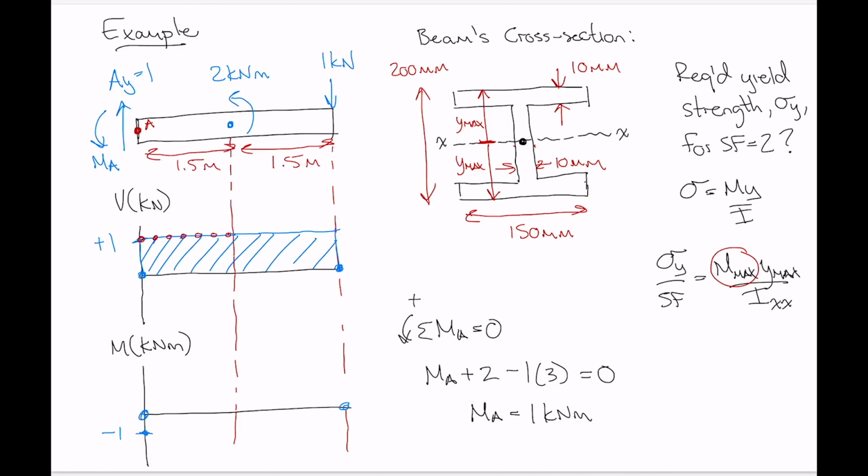Before I sketch this, let's look at where we're going to get, because the change in moment from L equals 0 to L equals 1.5 along this line will be equal to the area in the corresponding portion of the shear diagram, which is 1 multiplied by 1.5, that is 1.5. So we are going to end up on the positive side of the x-axis here. So this value here is 0.5.